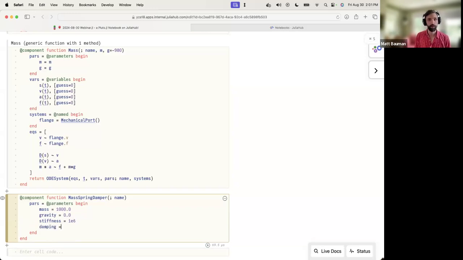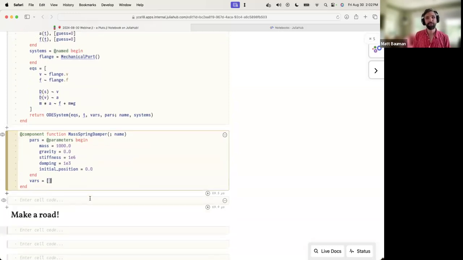Our damping of our shock, we can set to be some value. And we can say that we have some initial position of our mass. This could be anything. We could have it offset or whatever, it doesn't matter. We'll start at 0 though. Okay, so those are our parameters. Our variables are going to be nothing, right? All our variables are encapsulated in our mass spring damper.